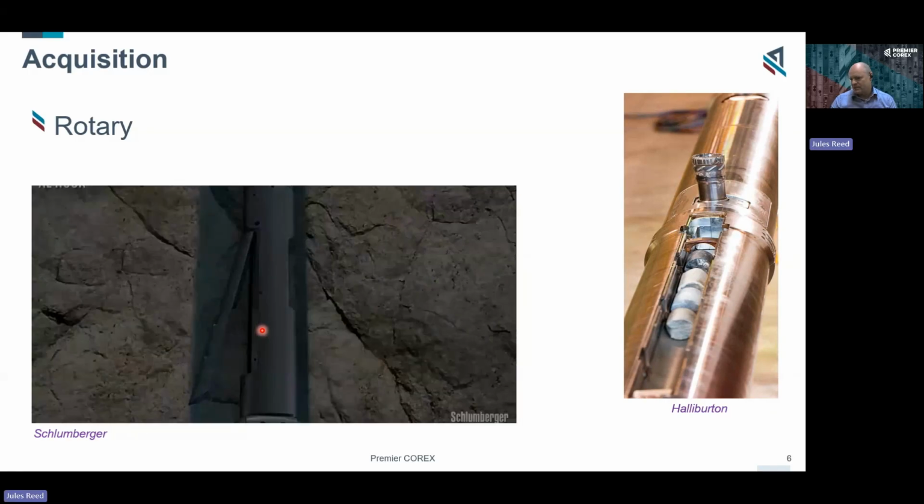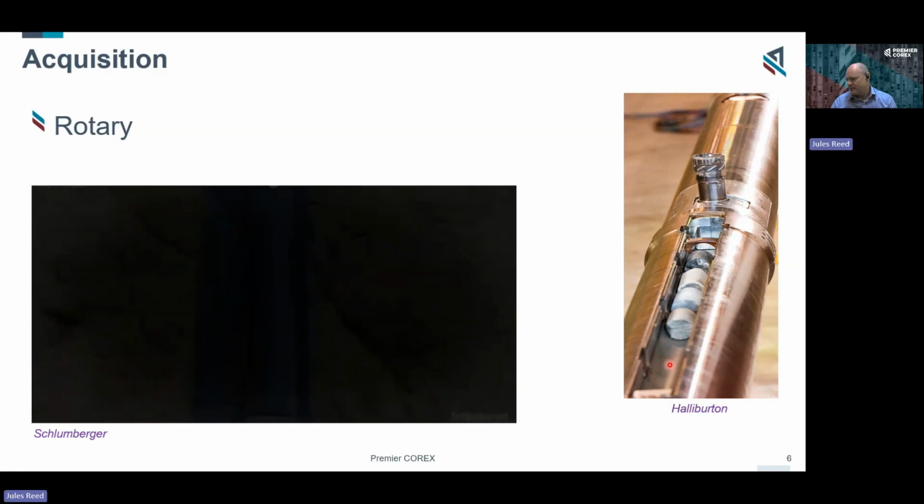So this is the process of taking rotary cores. This is from Halliburton's system. There's the tool and the actual coring piece outside of the tool. So that will be pushed out into the formation, acquiring the samples, then angles it down, and the samples then begin to build up inside the tool with some core markers in between each sample.